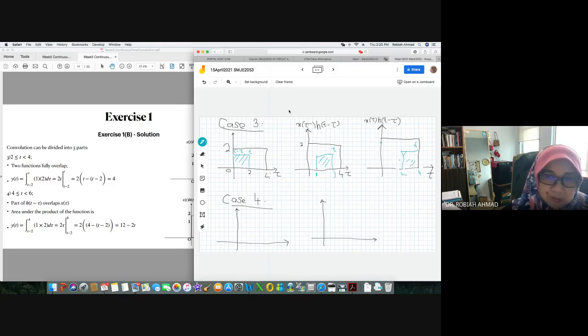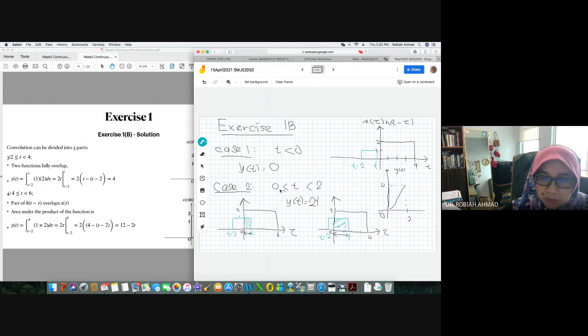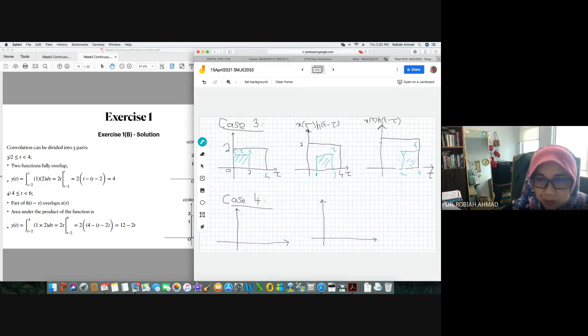Okay, because before that, from 0 to 2 there is only partial overlap. So from 2 to 4, it will be fully overlapped. So when we want the fully overlapping part, the limits are from t to t minus 2.